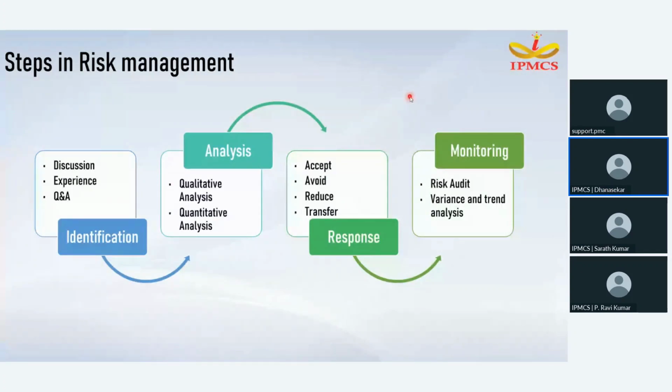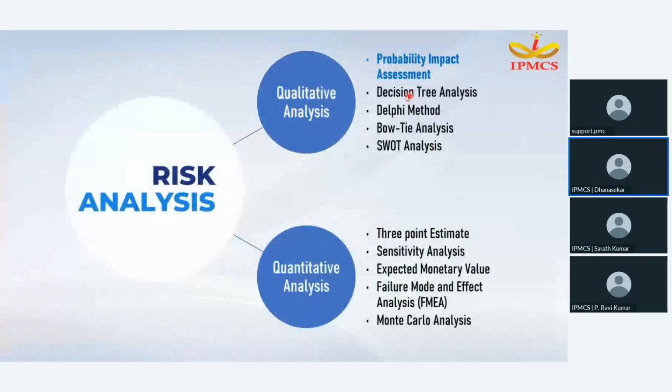I mentioned risk analysis. So how do we start with risk analysis? A number of methods are there. In qualitative analysis, some of them are probability impact assessment, decision tree analysis, Delphi method, bow tie analysis, and SWOT analysis.